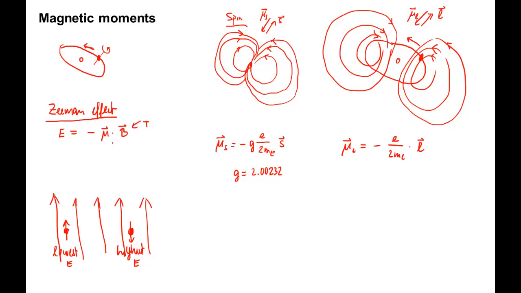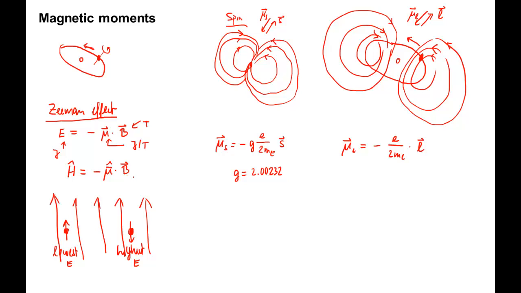Therefore, you can see that the magnetic moment has SI units of joule per Tesla, since the energy has units of joule. The quantum version of this reads: Hamiltonian H for the Zeeman effect equals the negative μ vector operator dot B. We'll have to add this Hamiltonian to our standard Hamiltonian with the kinetic and electrostatic terms.